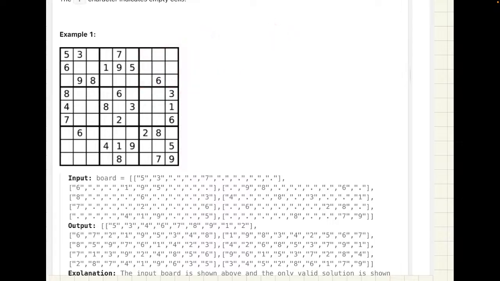So in this box, we cannot use 1 here. We cannot have 3, 5, 9, or 6. So you see, 3, 1, 6, 5, 9, we cannot have these. And we cannot have 5, 3, 7. So 7 is one more entry here.